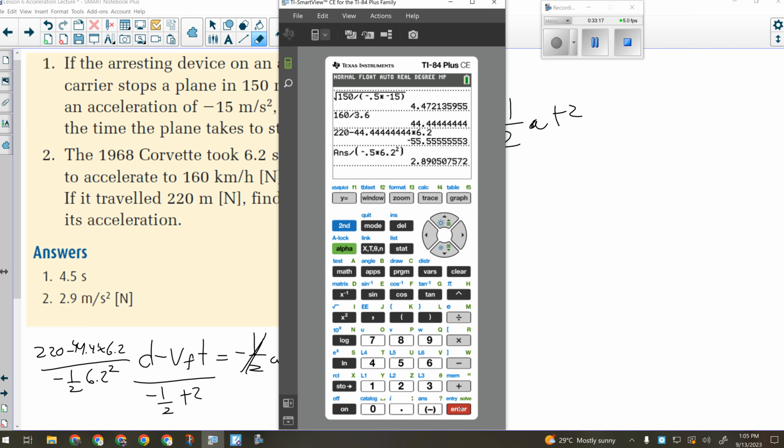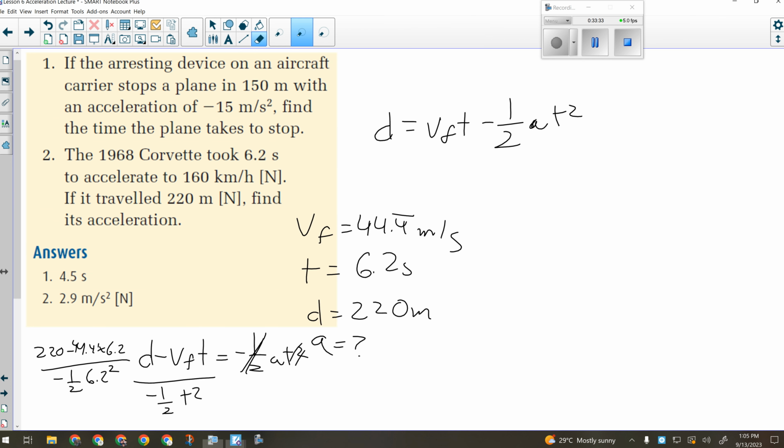I get an acceleration there of, to two significant digits, 2.9 meters per second squared. Everybody all right with that? And that should be positive, I would say, or, oh, it said north. Sorry, north is in the question, so north would be my vector. Questions on these?